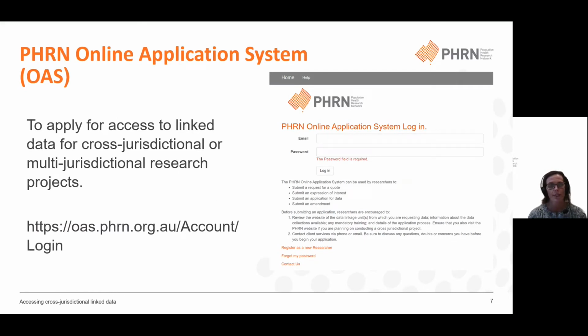So who can use the PHRN online application system? Researchers who are interested in applying for access to linked data for cross-jurisdictional or multi-jurisdictional research projects should apply via the PHRN online application system.